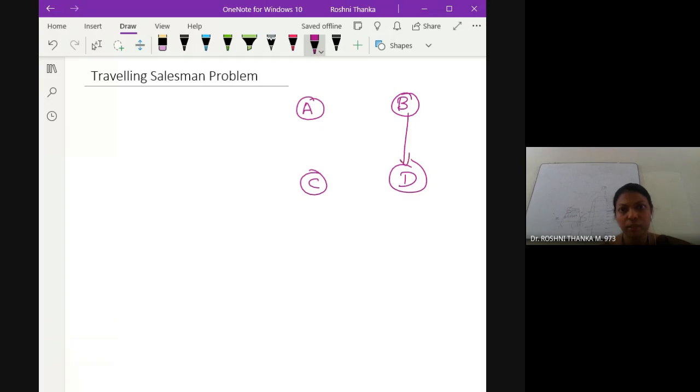So all the nodes are connected both ways, bi-directional connected. So this is also connected like this, and this is also connected.